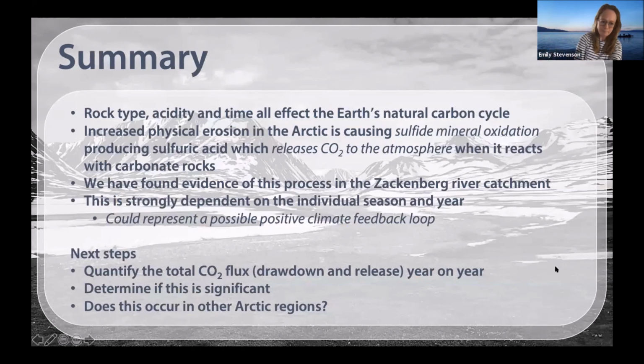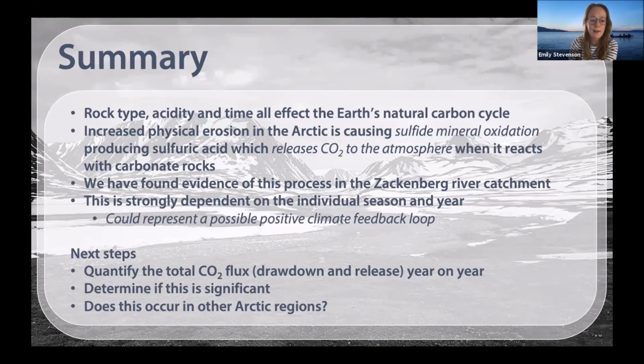So in summary, hopefully I've shown that rock type, acidity, and time all affect Earth's natural carbon cycle. Increased physical erosion in the Arctic is causing sulfide mineral oxidation, which is producing sulfuric acid, which releases CO2 to the atmosphere when it reacts with carbonate rocks. We found evidence of this process in the Zackenberg River catchment, but this process is strongly dependent on the individual season and year, and tentatively could represent a possible positive climate feedback loop.